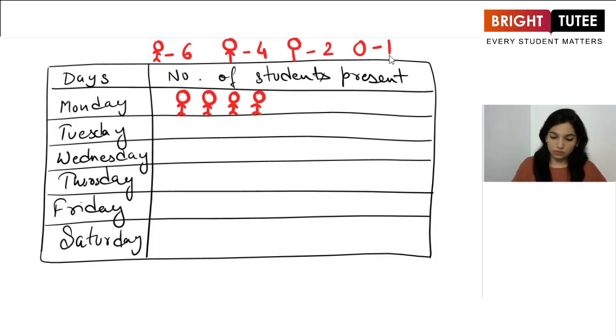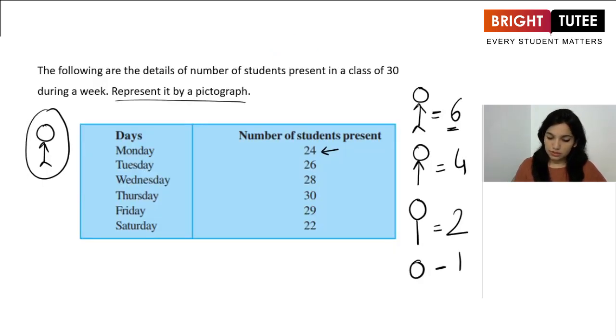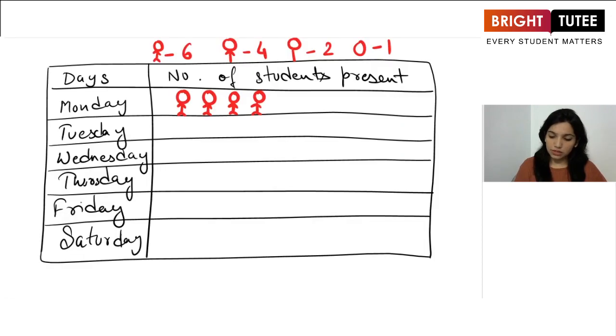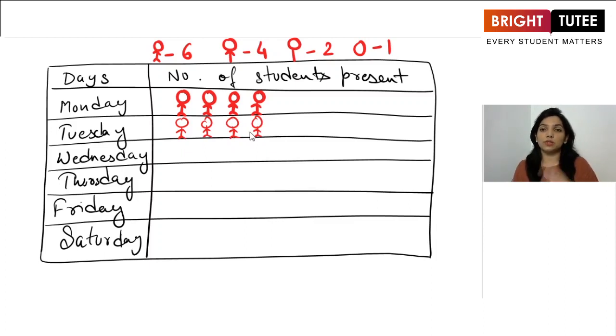Okay, now let us see what is next. On Tuesday we need to represent 26. In order to represent 26, let us first use 4 complete images. So far we have made 24. Now it was 26, so we need 2 more.